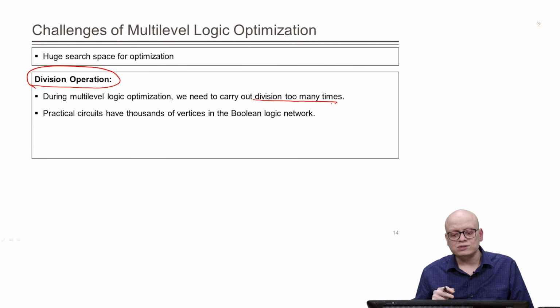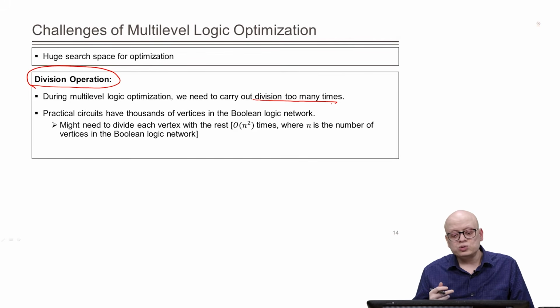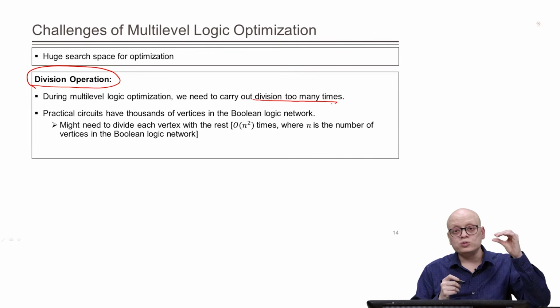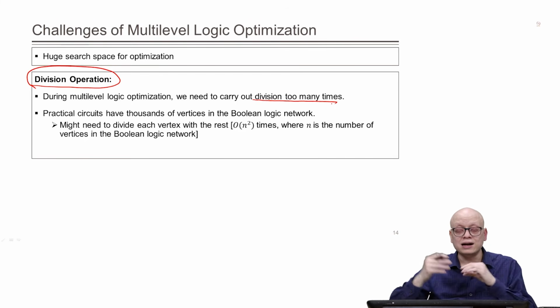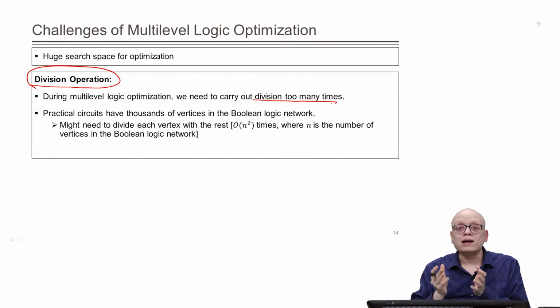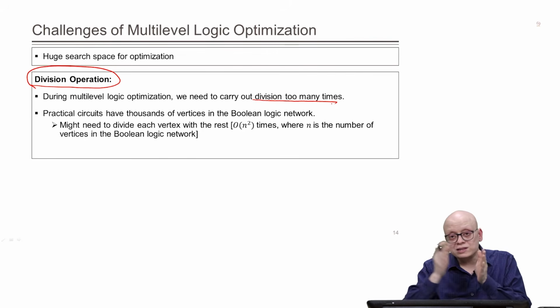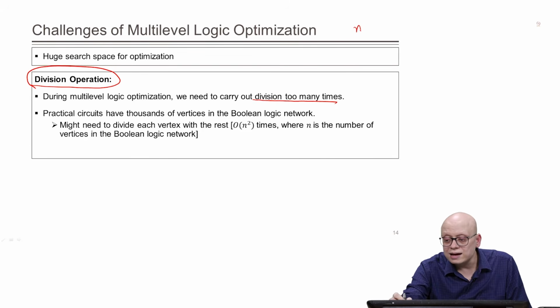Practical circuits have thousands of vertices in the Boolean logic network and might need to divide each vertex with the rest of it, right, to find whether we can substitute it or whether there are matching divisors and so on. So, we might need to compare one vertex with all others, and if we do that, then it is a kind of O(n) square comparison, meaning we compare with 1 to n, and there are n such cases.